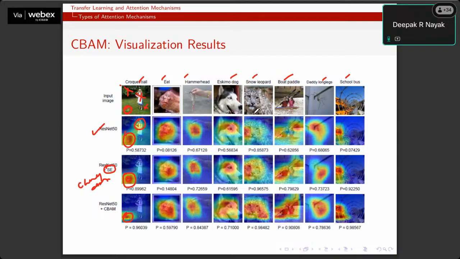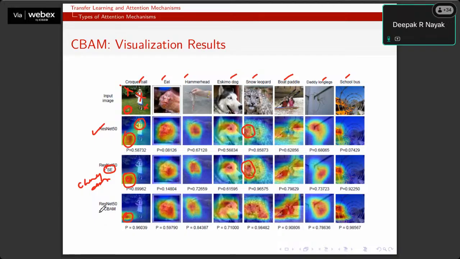You can see in some other cases, like the snow leopard case here. In the case of the snow leopard, ResNet has more of the heat map. These are all heat maps, or you can say Grad-CAM maps. You can see it is really focusing well on this area, right? But with channel attention, again, this part particularly.